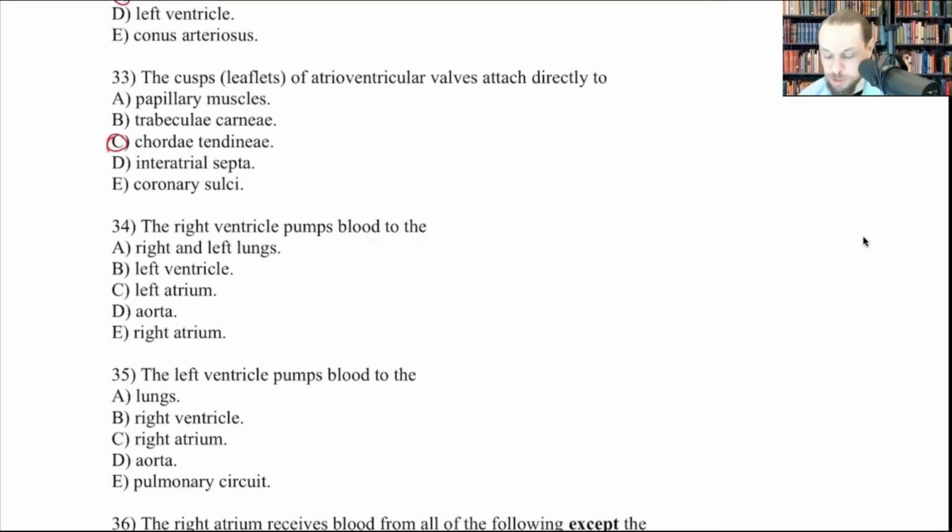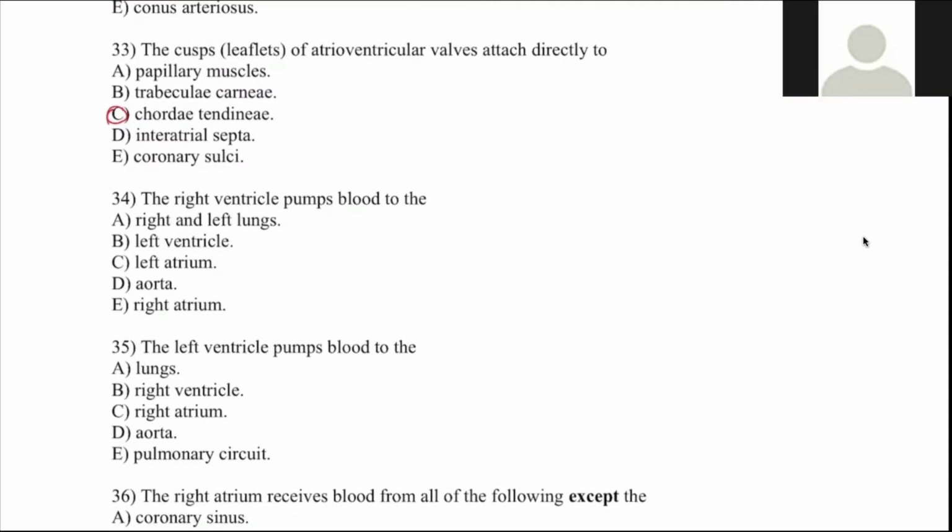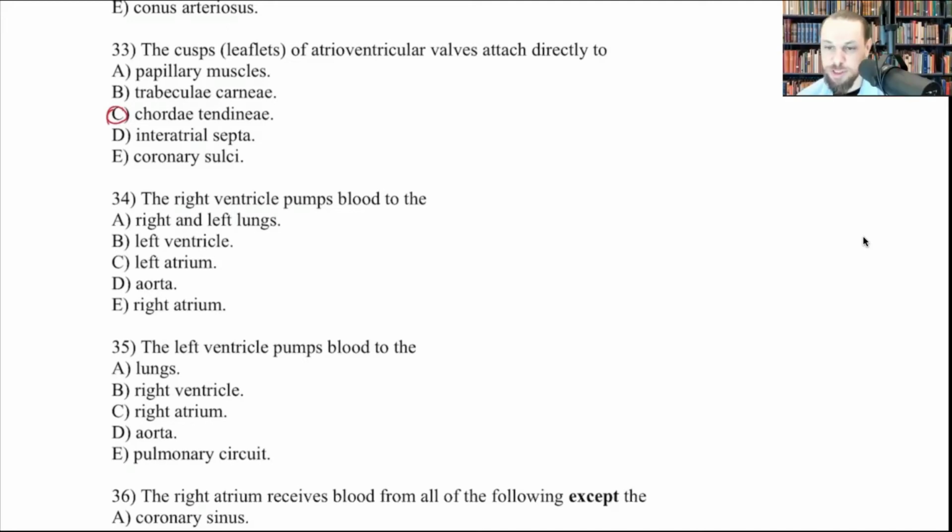You have a question? Go ahead. This is for the chordae tendineae, associated with regurgitation, right? Yes, and you hear murmurs. That's correct, you may hear a regurgitant sound.